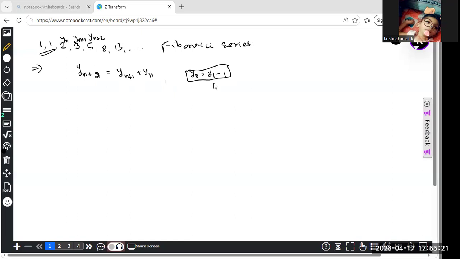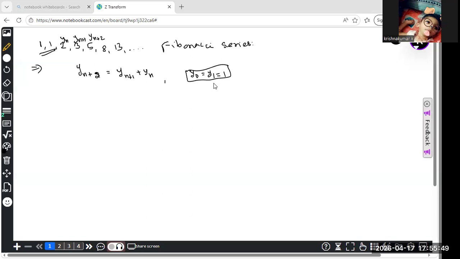Now we are going to find the solution for this difference equation. As I told earlier in the last class, we can use the transforms to find the solution of any type of difference equation, and especially linear difference equations. So here this is linear.